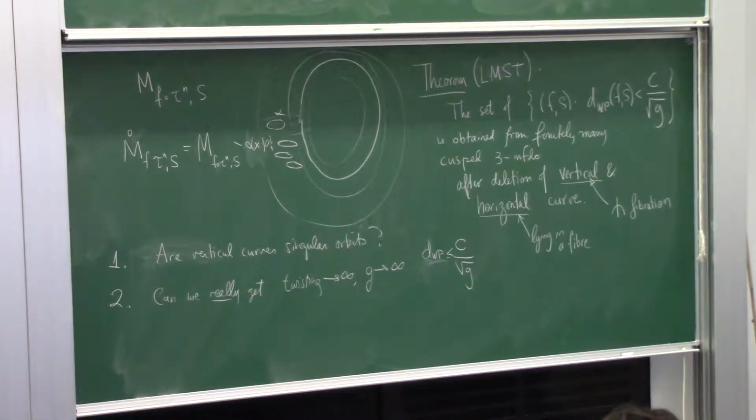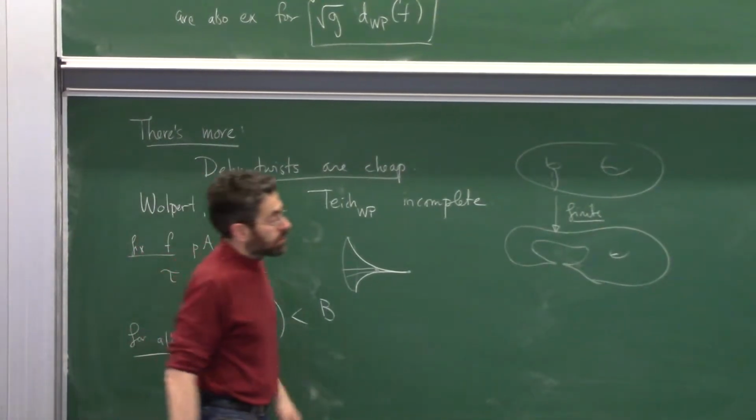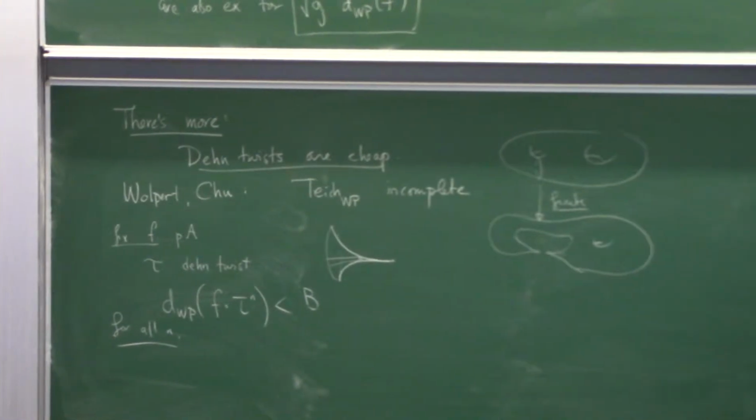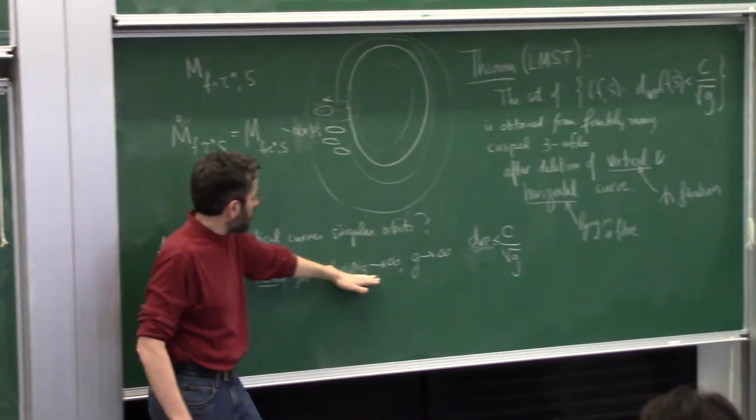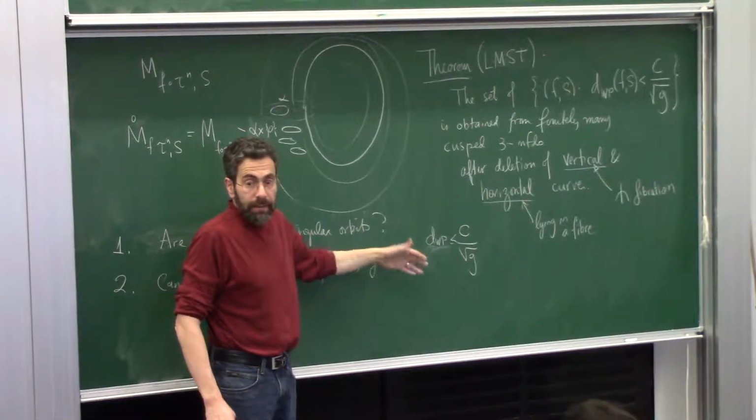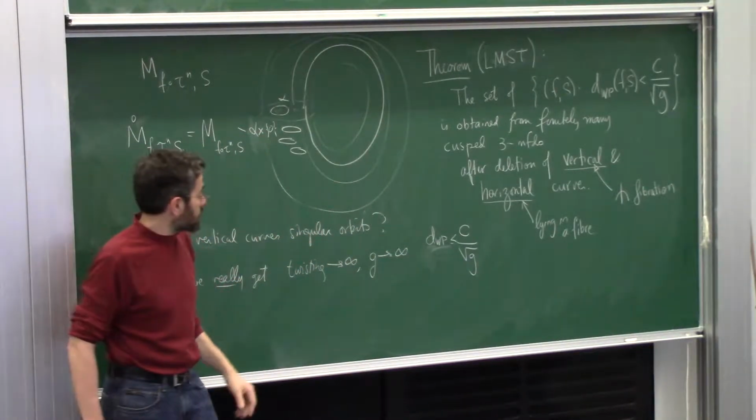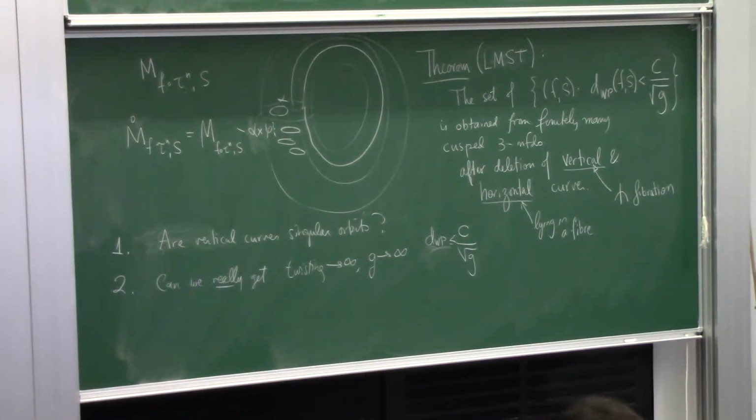So in the example of the twisting that I gave over here, I kept the genus fixed and I did a lot of twisting. Okay? So the picture that we have here suggests that there should be examples in which the twisting goes to infinity and the genus goes to infinity. And we have heuristic reasons for thinking this is actually what happens, but I'm afraid one might have to use the definition of the Weil-Petersson metric.